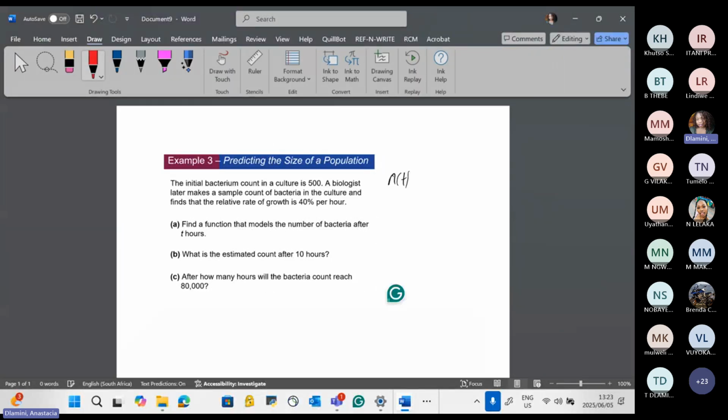Let's start there. I have N of T equals N0 times 2 to the T over A, and I have N of T equals N0 e to the RT. Which one are we using? The second one. Why? Because it's not doubling, it has a relative growth.